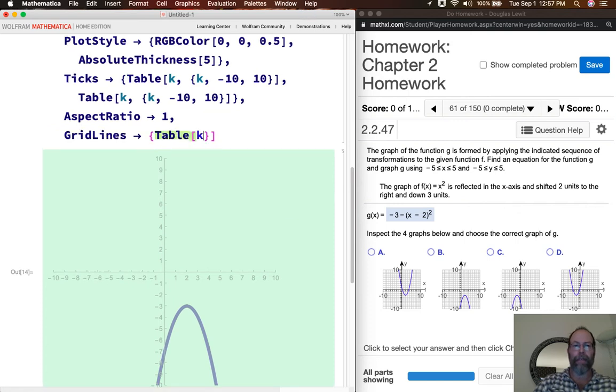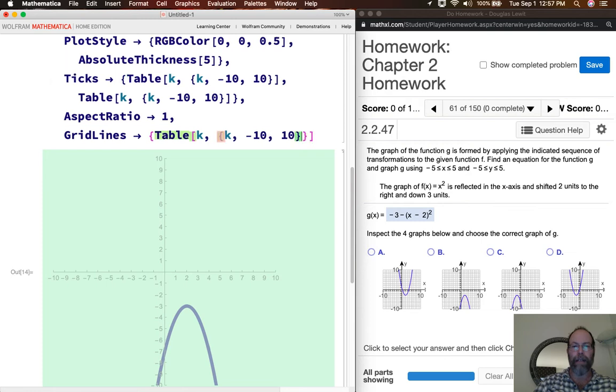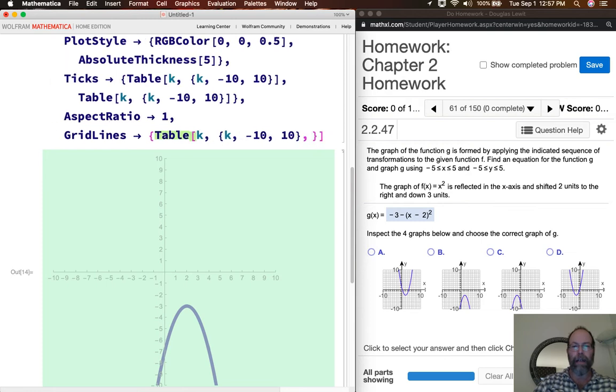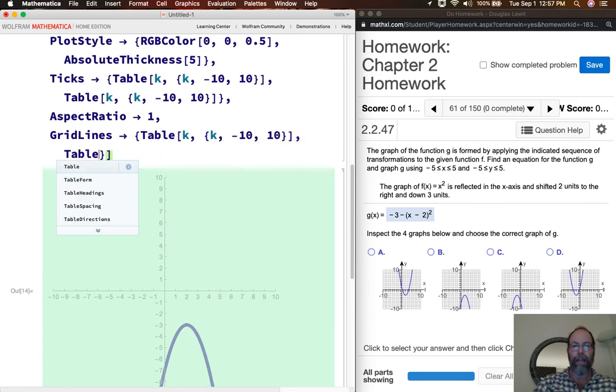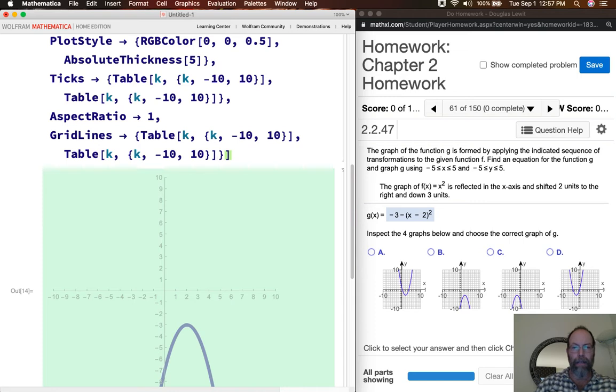I'll make it the same as my ticks. K goes from -10 to +10. And the same, whoops. Let me close that. And -10 to +10. And let me just make sure we're okay here.